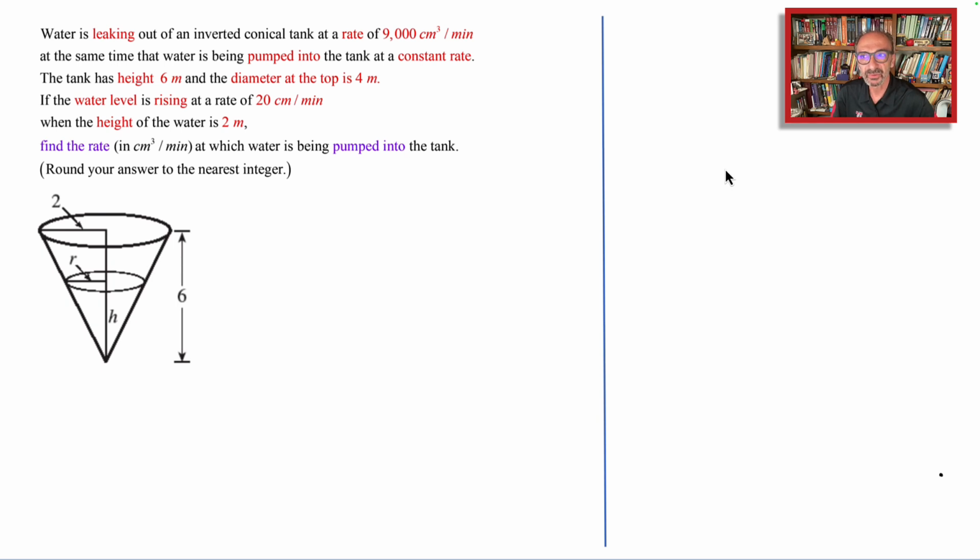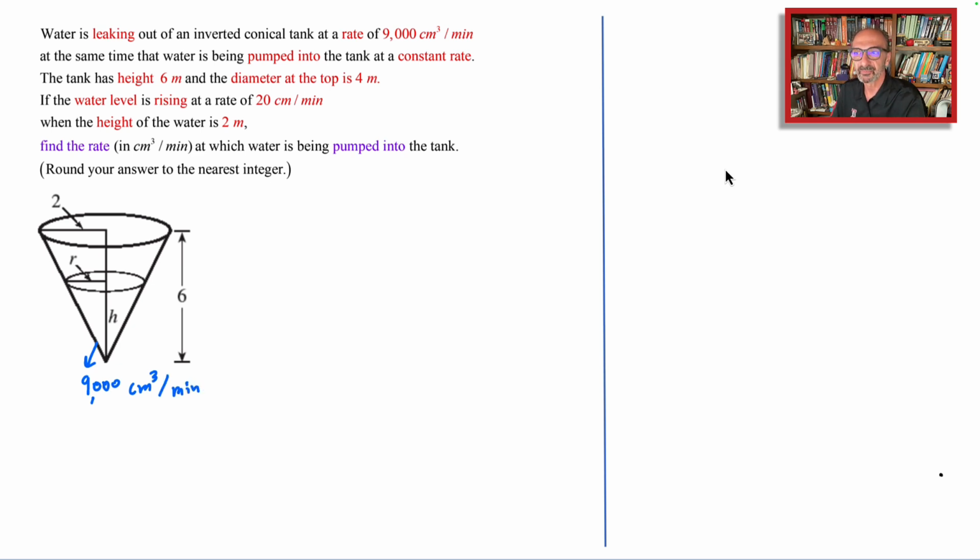The problem says water is leaking out of an inverted conical tank at a rate of 9,000 centimeter cube per minute. So we do have water coming out with 9,000 centimeter cube per minute.